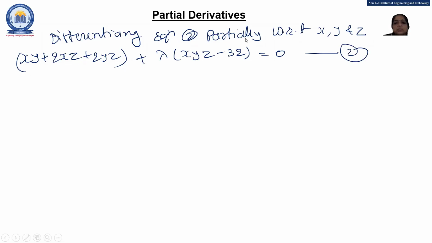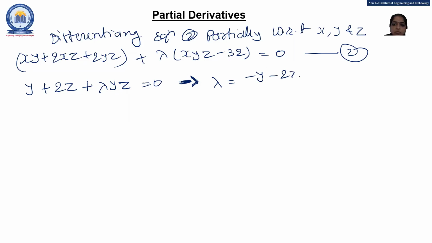So I am going to differentiate with respect to x, and that is y plus 2z plus lambda yz, right, equal to 0, implies if I keep lambda as subject, then minus y minus 2z upon yz, since yz is the multiplier of lambda.